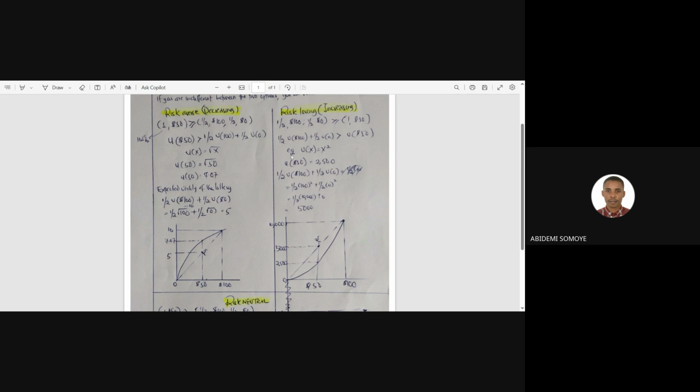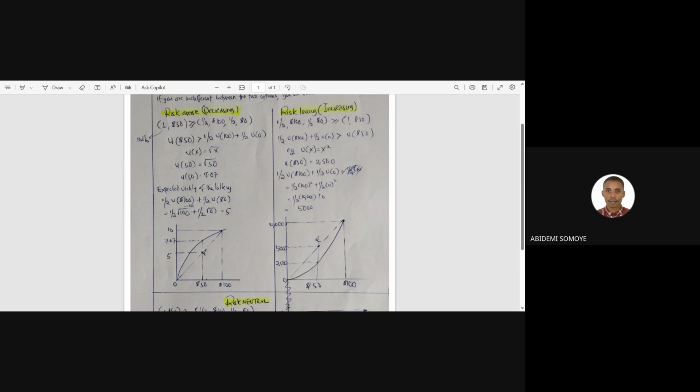Now look at the utility of $50 as opposed to the utility when you play the lottery. Which value is higher? Is it that of playing the lottery or that of taking the $50? Guys, I need you to respond.